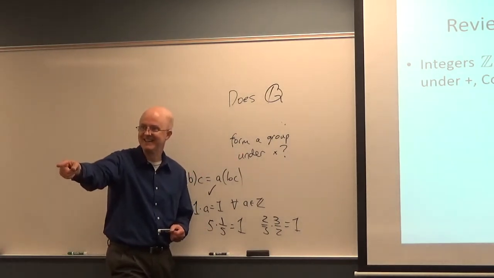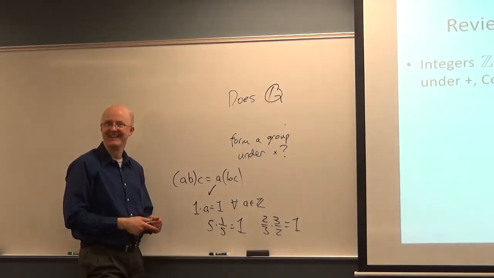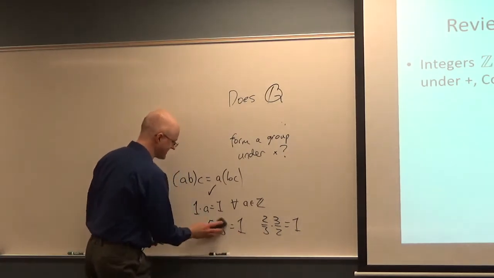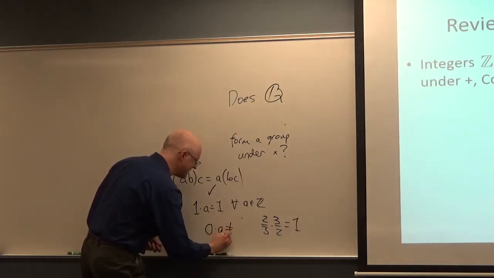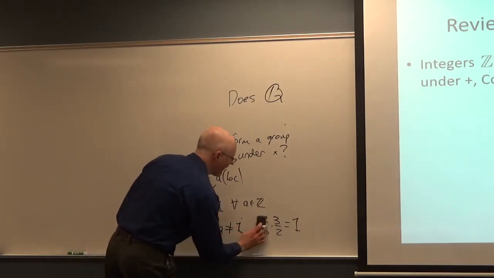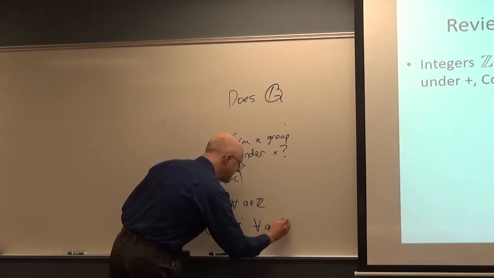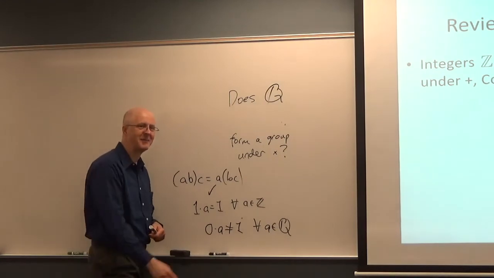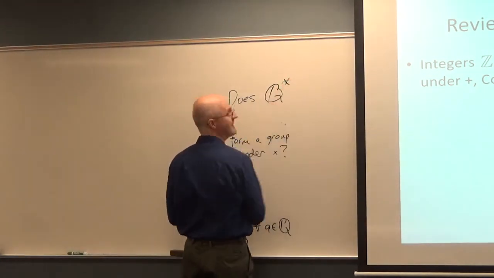Or is it? Do we have a problem or not? You think this is a group? No, what about 0? Yeah, 0 doesn't have a multiplicative inverse. 0 times a does not equal 1 for any rational a. Just that one number messes it up. So take it out.